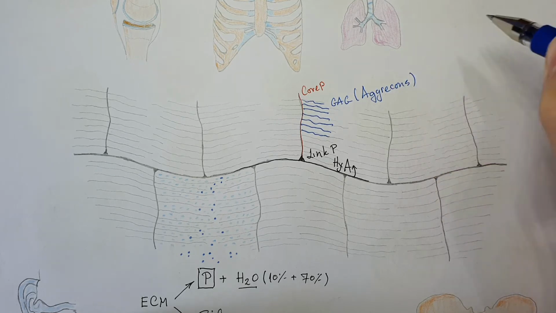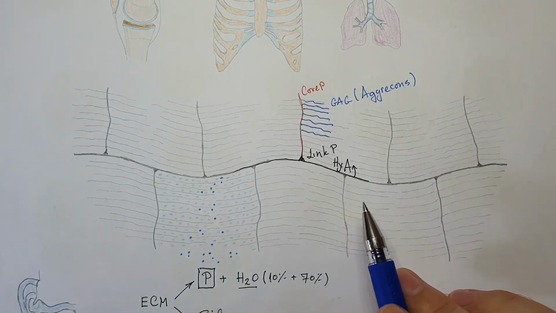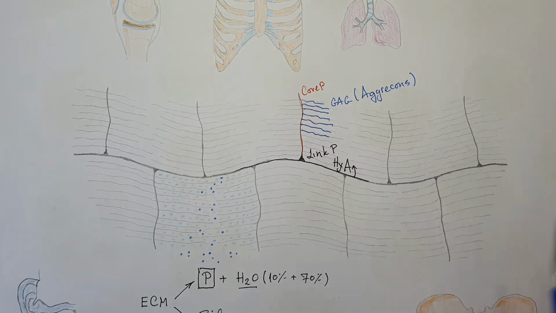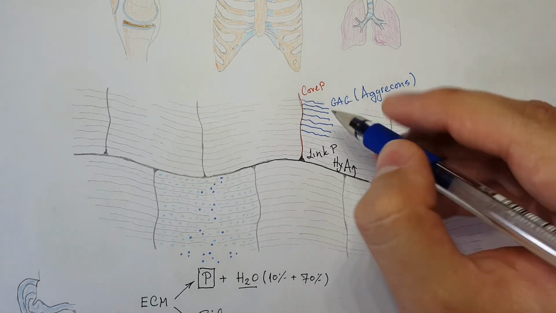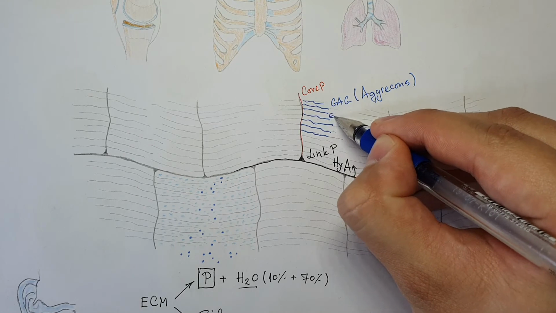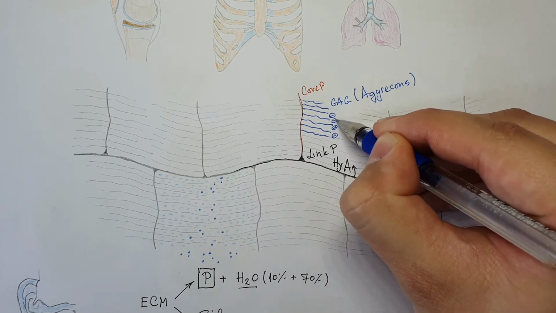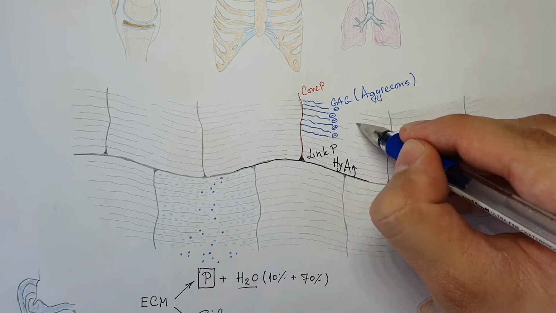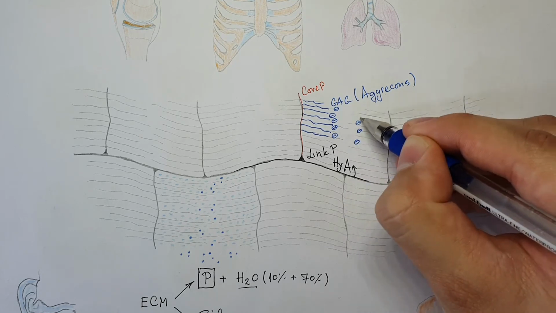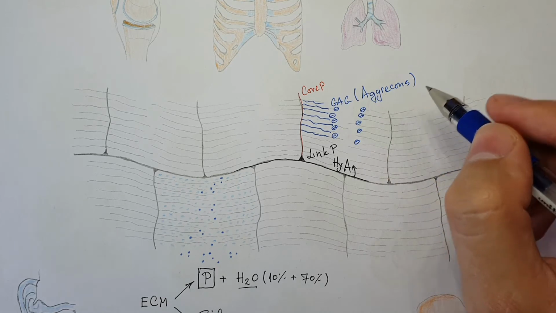These are the main proteins in the cartilage. These GAG molecules all have a negative charge. Why is this important?